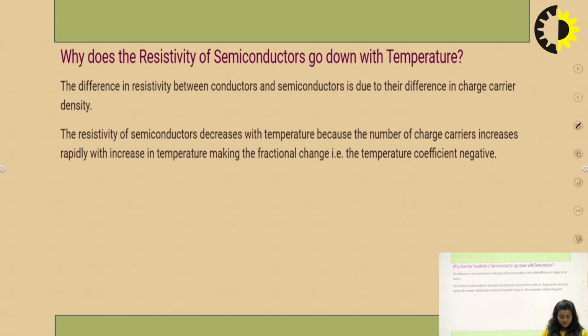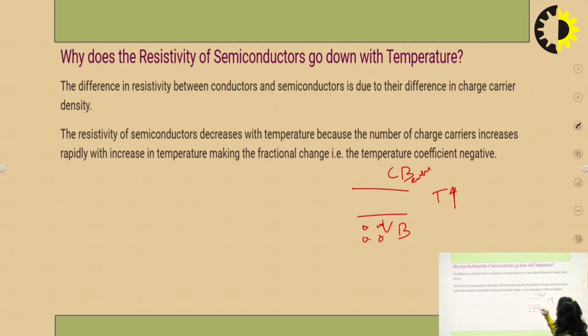Means, as we increase the temperature, some of the valence electrons will get the energy and will jump. Like this is the conduction band and this is the valence band. The valence band has electrons and this is empty.